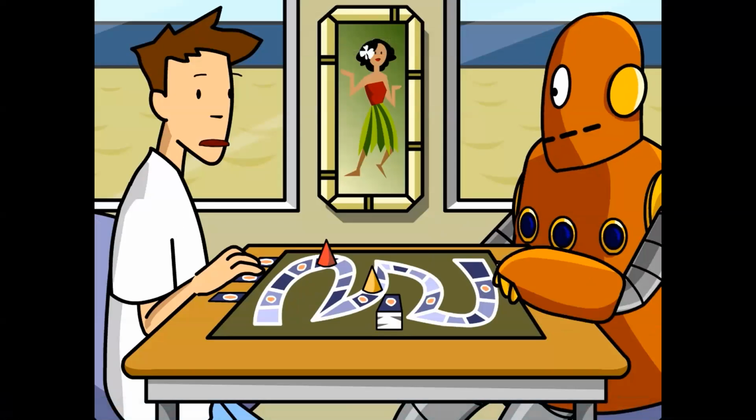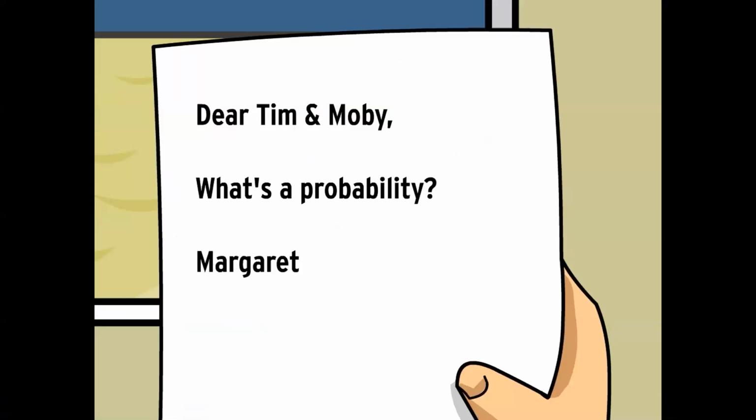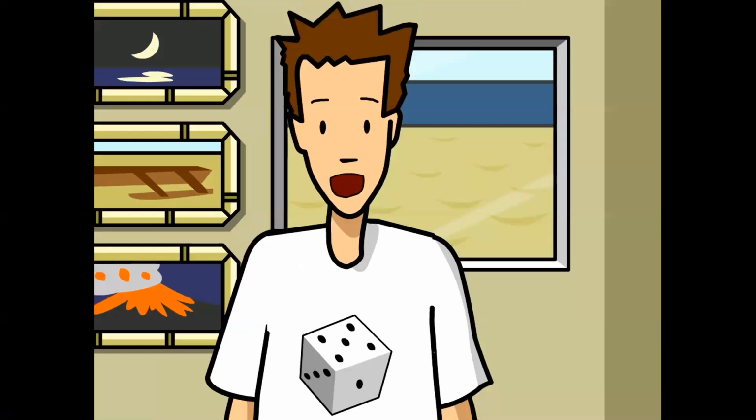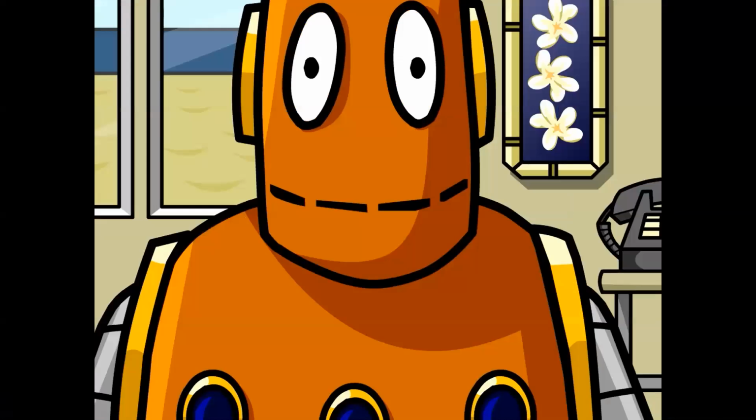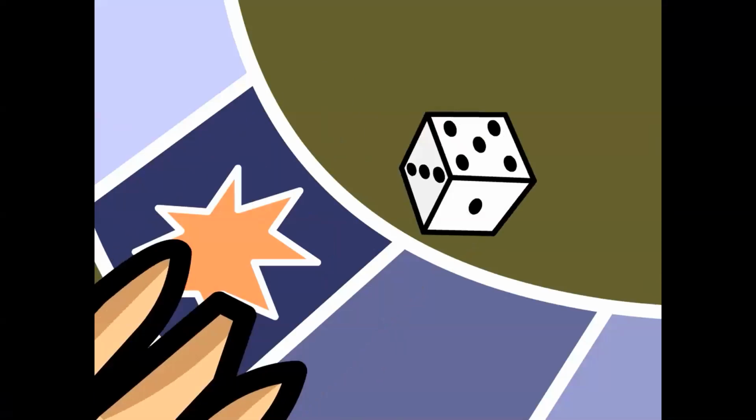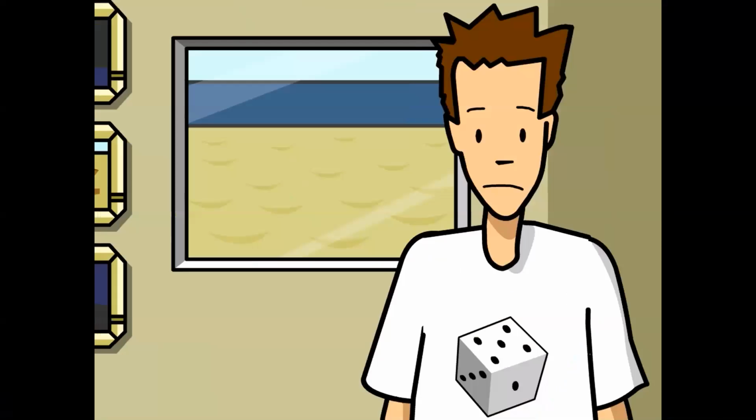You can't roll again. You didn't get doubles. No, you didn't. You're about to lose. You're stalling. Dear Tim and Moby, what's a probability? From Margaret. A probability is just the chance that some event will happen. Well, like the chance that I'll roll a 6. Huh.